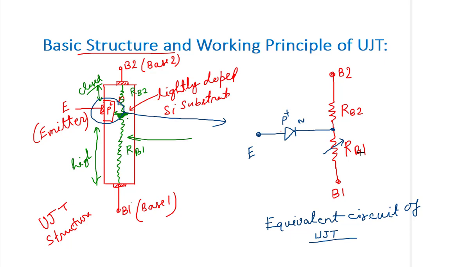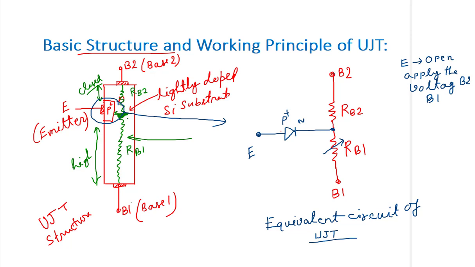In this, suppose the first condition we consider is no voltage at the emitter terminal, the emitter is open. We only apply the voltage from the B2 terminal to the B1 terminal.